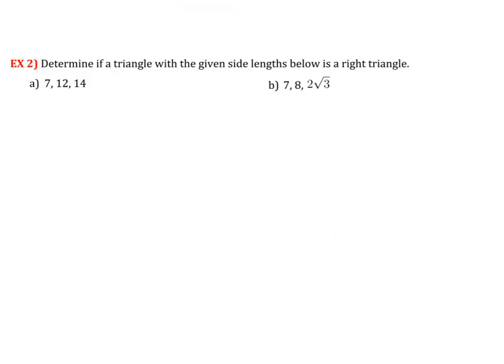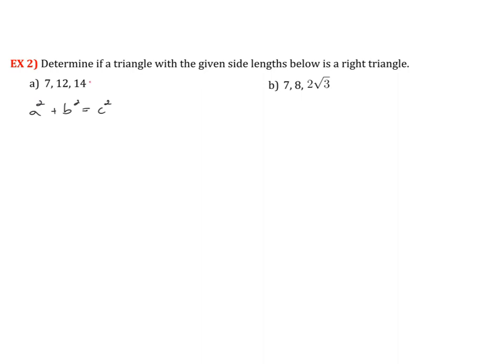All right, so let's use this again in an example. In example 2, it's asking us to determine if a triangle with these given side lengths below is a right triangle. So again, in order to verify if we do have a right triangle, we can go ahead and do a squared plus b squared is equal to c squared. And we are checking to see if both sides of the equation are equal.